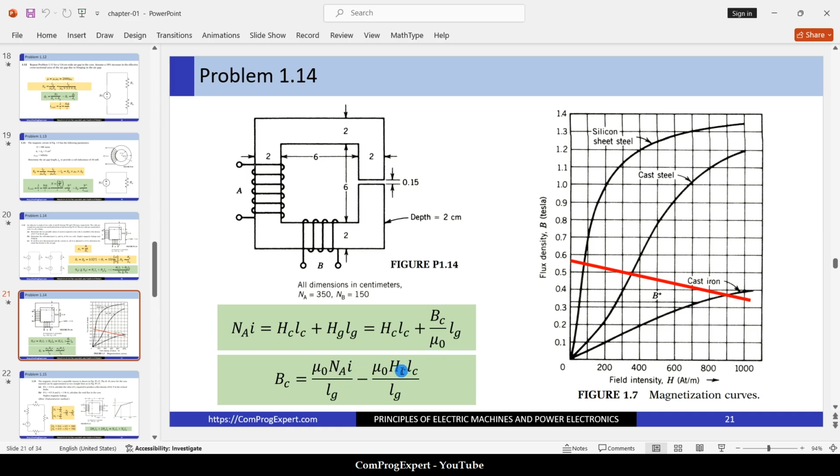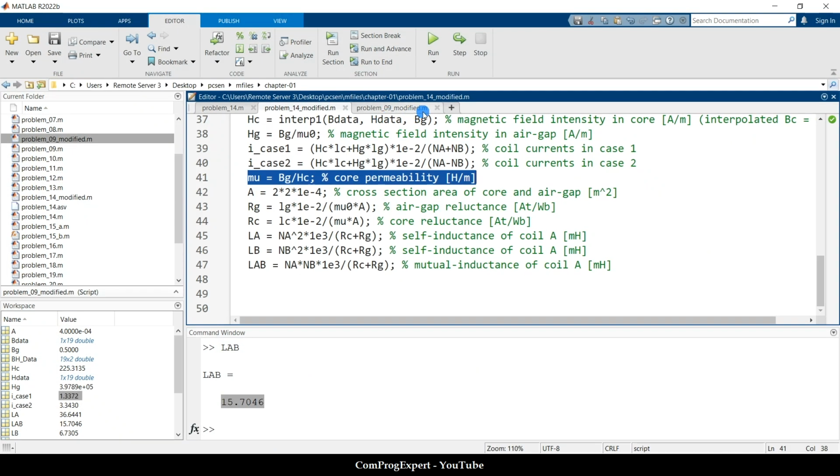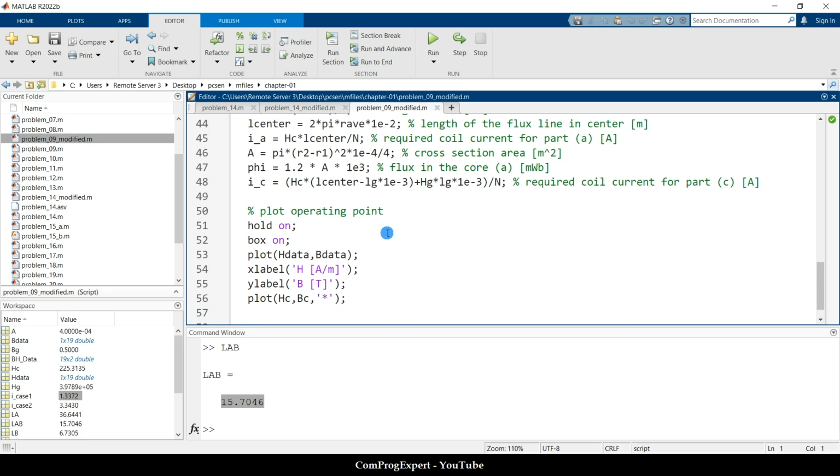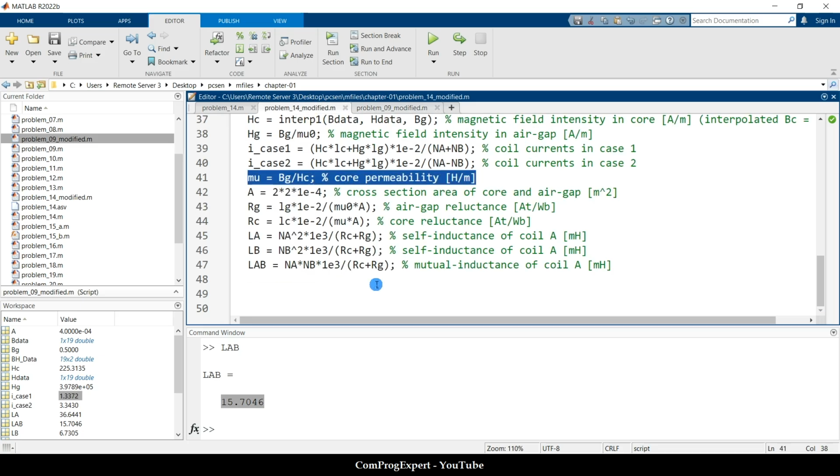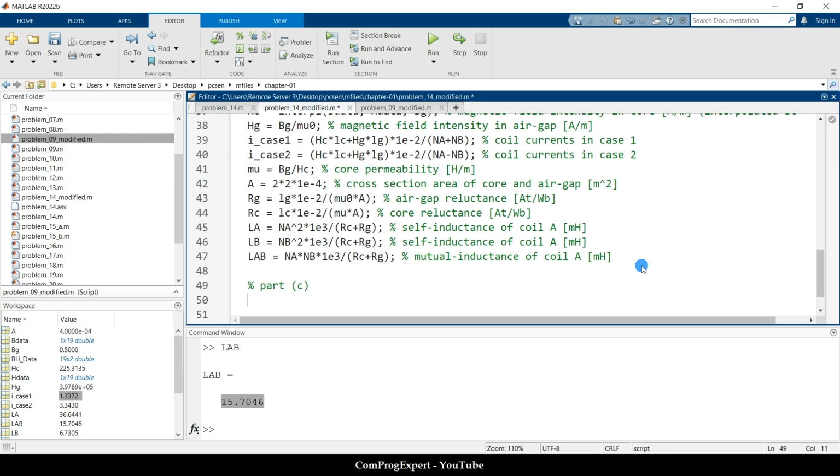We can assume a value for H and calculate the operating point. But how can I calculate this operating point in MATLAB? Yes. Here, for this modified problem, we have this BH curve. Let me plot this BH curve. So here we are going to solve the part C of the problem.